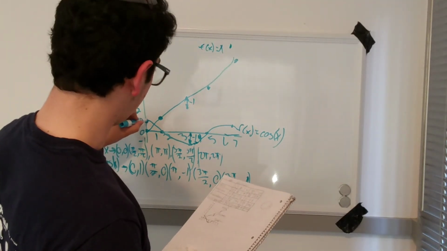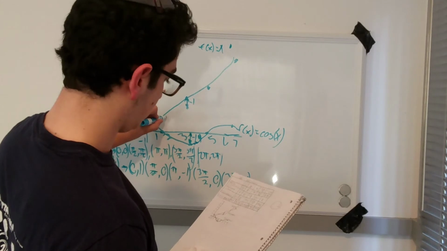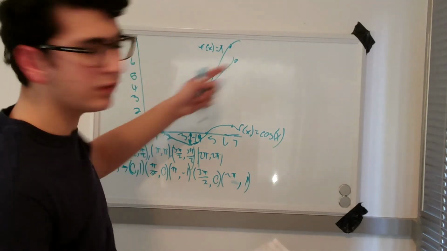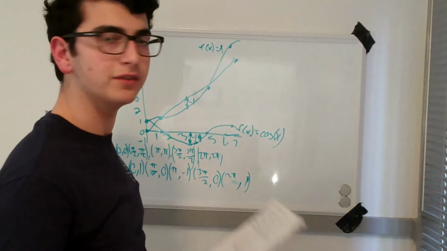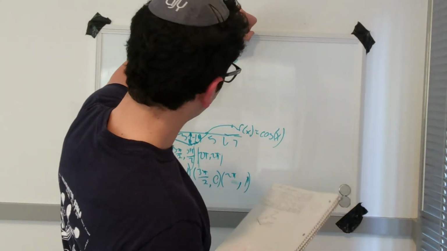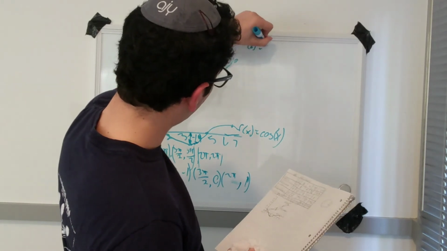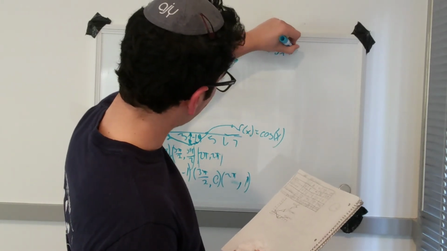So it looks something like this. And you'll see it sort of looks like a business cycle, in case you guys do econ. And that's going to be f of x equals cosine x plus x.